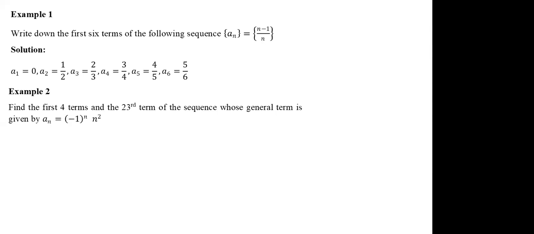You will consider both n squared and minus 1 raised to power n. Whenever you are raising a negative number to an even power, you are going to have positive. But if you are raising it to an odd power, you are going to have negative.